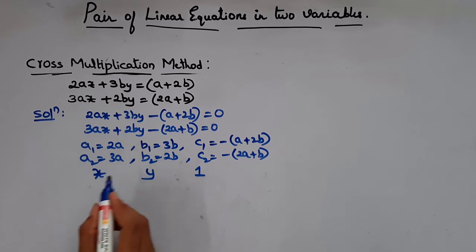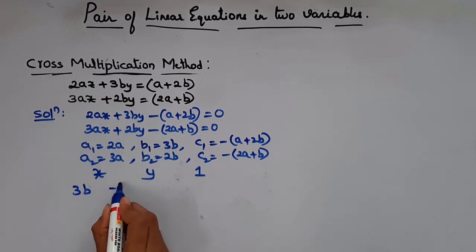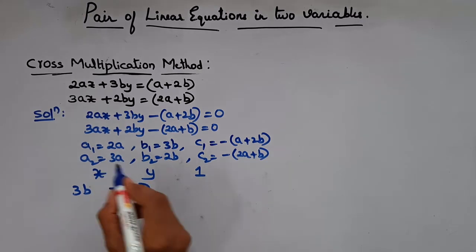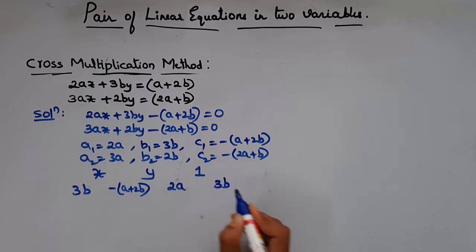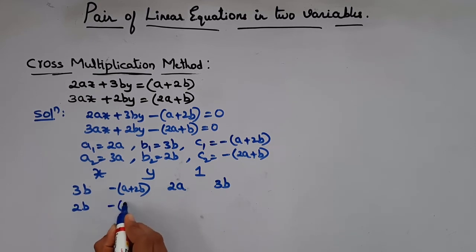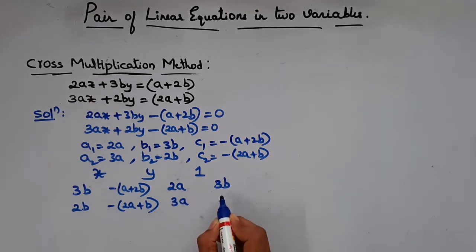So your b1 is 3b, c1 is minus a plus 2b and your a1 is 2a and your b1 is 3b, right? And for equation 2, we have b2 is 2b and your c2 is minus 2a plus b and your a2 is 3a and your b2 is 2b, right?